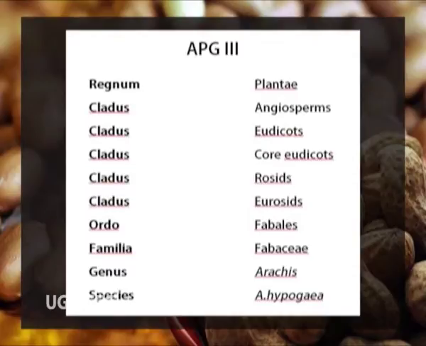The Angiosperm Phylogeny Group in their third classification classified Arachis hypogaea into genus Arachis, familia Fabaceae, ordo Fabales, clade Eurosids, clade Rosids, then core Eudicots, then Eudicots, finally Angiosperms and Regnum Plantae.